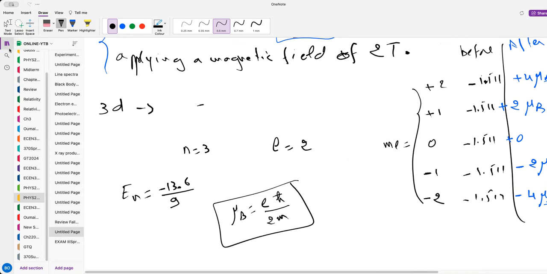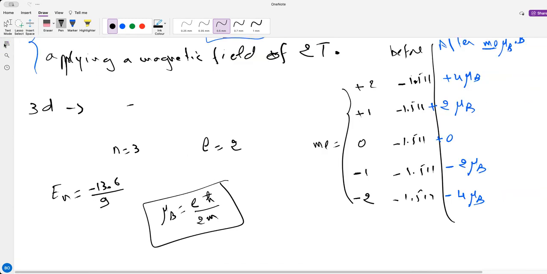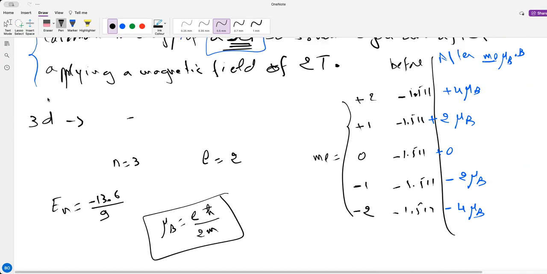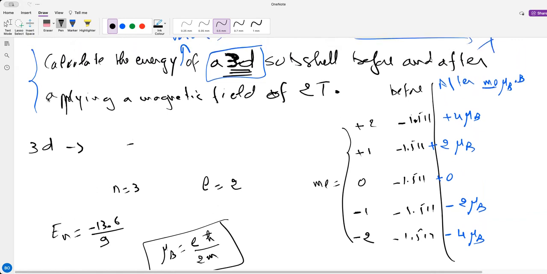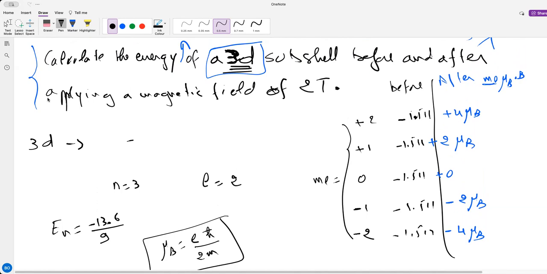I just wanted to ask, when you want to calculate the degeneracy number, for n=3, do you count for n=1, 2, 3, or just for n=3? No, it will be based on the question. For example, I can ask you, what is the degeneracy of subshell 3D?